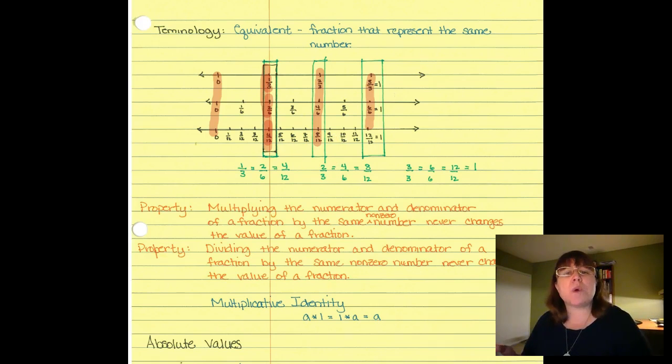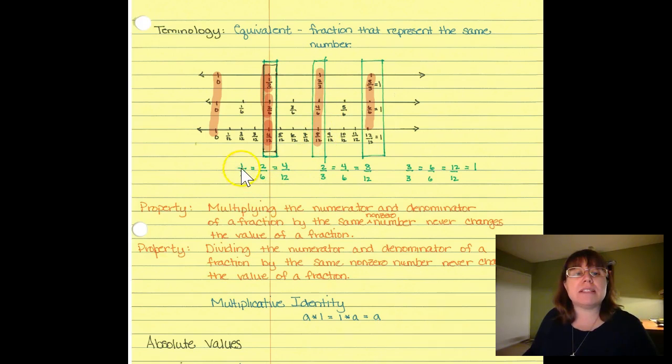We also have some properties regarding fractions. How the equivalent fraction comes about is if I multiply the numerator and the denominator by the same non-zero number, it never changes the value of the fraction. It might look different, but it's the same value.